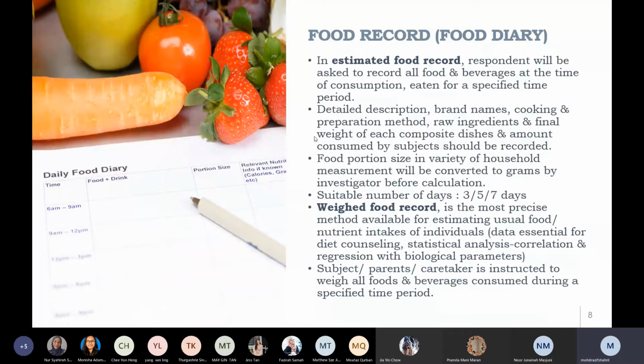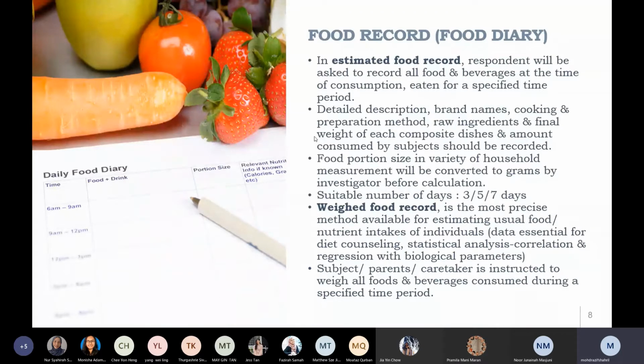You will need to ask the respondents or participants to detail out the description similar to what we do in 24-hour diet recall, except that this time we ask the participant to record them in detailed description: brand name, cooking method, ingredients, and so on.